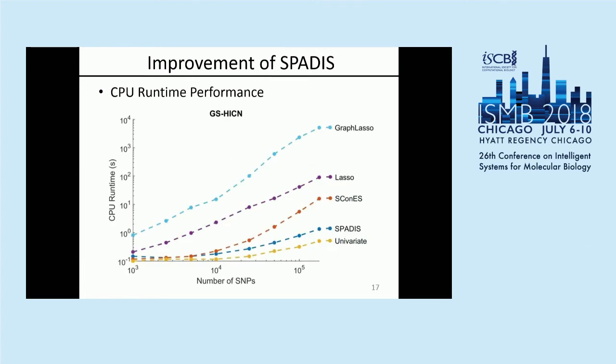And we have benchmarked the CPU runtime performance of the compared methods. The fastest one is univariate linear regression, which is just a simple baseline method that doesn't perform well in phenotype prediction. And it is followed by SPADIS. So SPADIS is faster than SCONES and all the remaining methods by at least an order of magnitude.